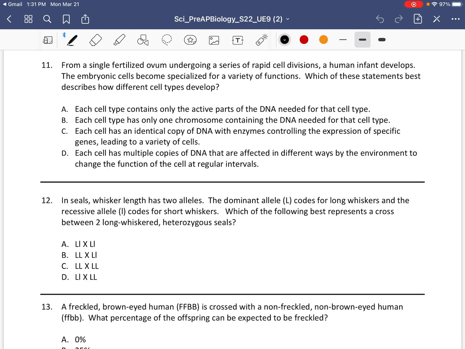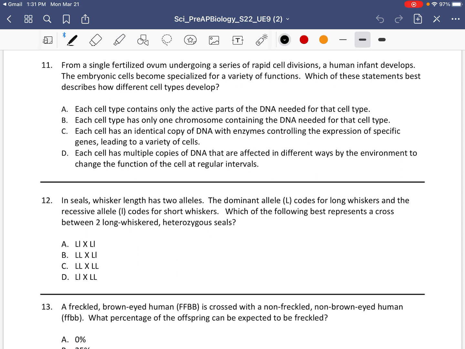B. Each cell type only has one chromosome containing the DNA needed for that cell type. C. Each cell has an identical copy of DNA with enzymes controlling the expression of specific genes, leading to a variety of cells. D. Each cell has multiple copies of DNA that are affected in different ways by the environment to change the function of the cell at regular intervals.